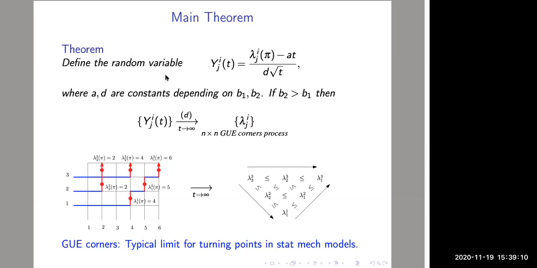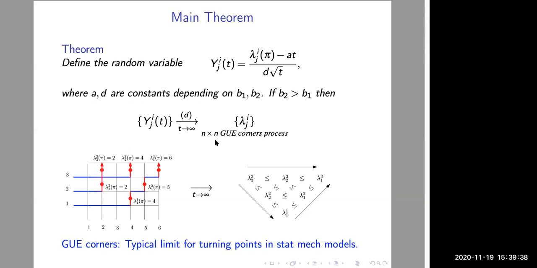The main theorem is that if we suitably recenter and rescale these positions of upward steps, the lambda of pi's, then the limit as t goes to infinity is the GUE corners process, which is a process coming from eigenvalues of random matrices, and is also a typical limit for turning points in statistical mechanics models.